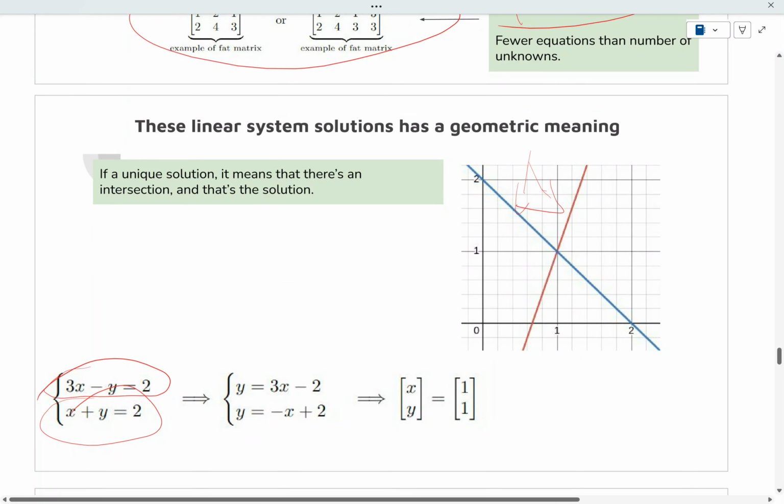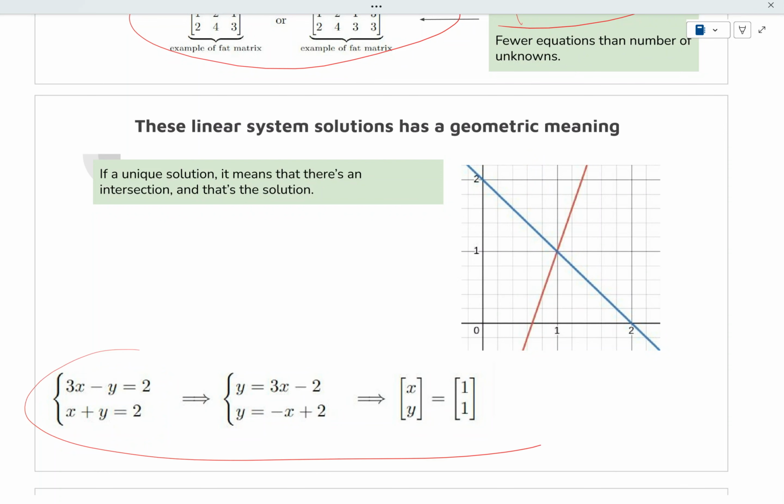So when we solve a linear system of equations, you're drawing two lines. In this particular example, it's easy. Since x and y have to be the same, the solution is the point of intersection.